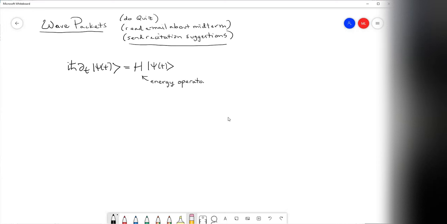So, kinetic plus potential. And the last thing I did in class was basically show you, in a little bit of a hand-wavy way, why it might be the energy by using the so-called correspondence principle and arguing that time evolution in quantum mechanics should at least give you the right thing in classical mechanics in the right limit.